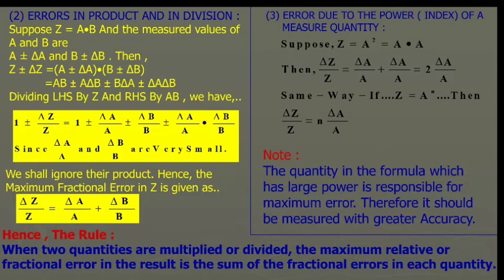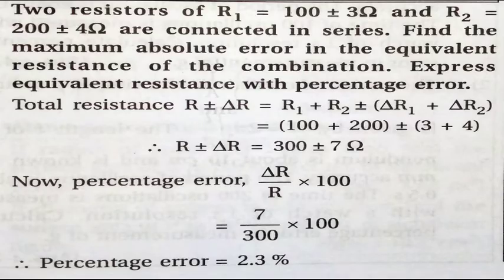So, by using these rules, we can find out the errors in the final result also. So, let us take an example based on it. Two resistors of R1 is equal to 100 plus minus 3 ohm and R2 is equal to 200 plus minus 4 ohm are connected in series. Find the maximum absolute error in the equivalent resistance of the combination.